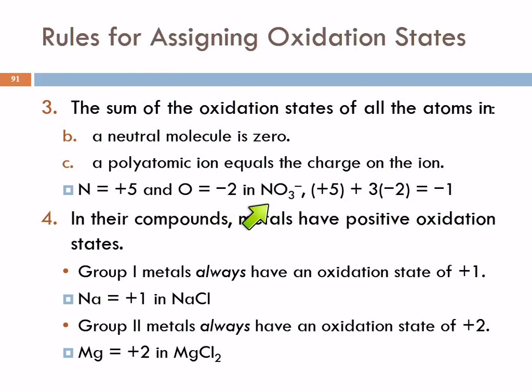So in nitrate ion, overall this has a -1 charge. The oxygen has a -2 charge. There are 3 of them. So we have 3 -2 oxidation states, and the nitrogen has a +5 oxidation state. There's only one of them. And so +5 plus 3 times -2 adds up to -1.